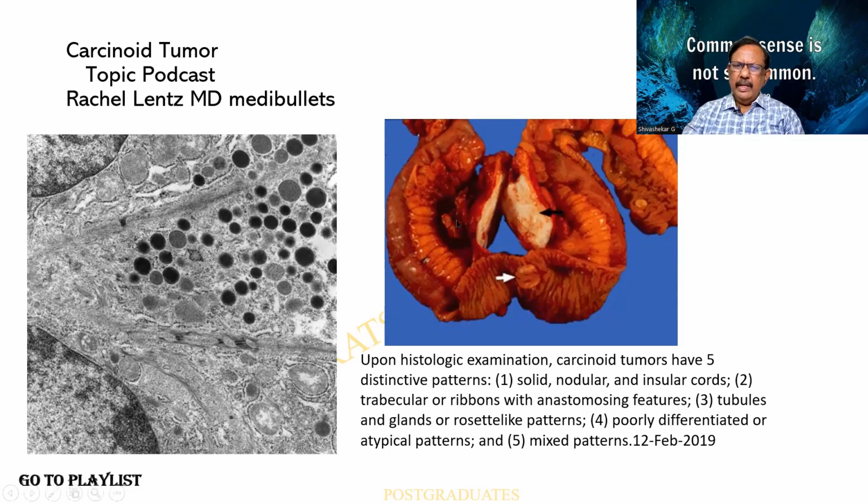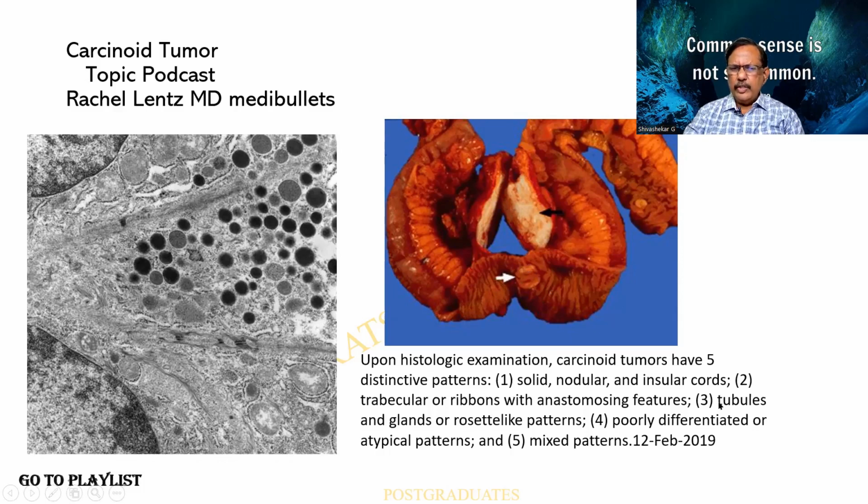This again is a carcinoid tumor over here. It is projecting, so it is a button-like thing. This is what is shown over here. So a classical presentation. You do not get an ulcer as such, but over a period of time, it can be present.